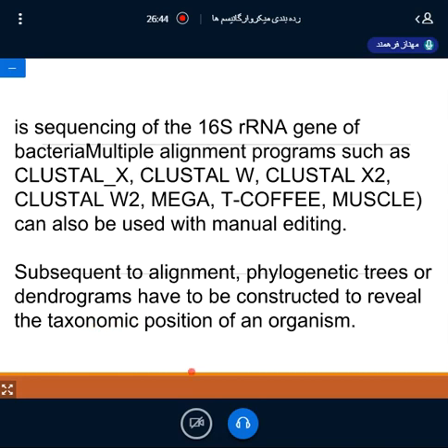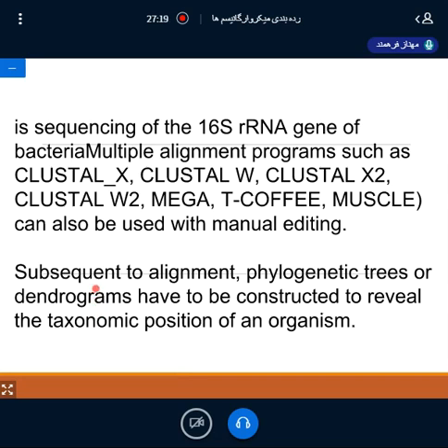So when we sequence the 16S rRNA gene, we have to draw a dendrogram or phylogenetic tree to investigate the relationship between our bacteria, the bacteria that we have isolated, with another bacteria or another species, another genus, and another taxon.